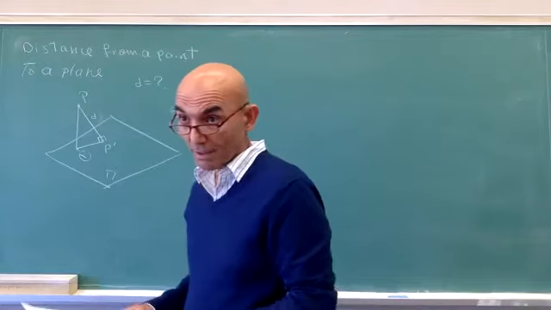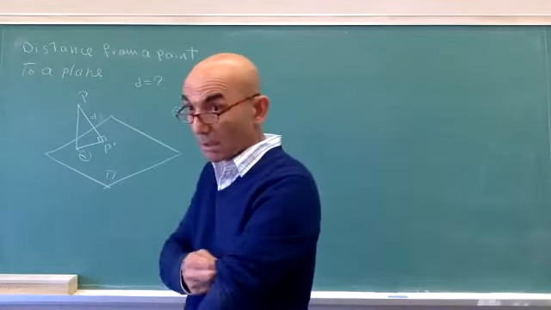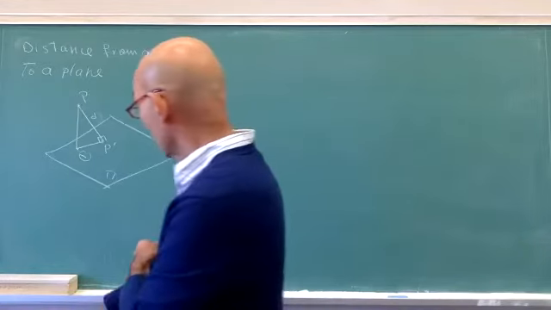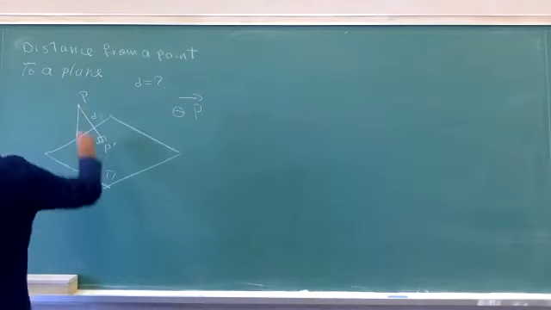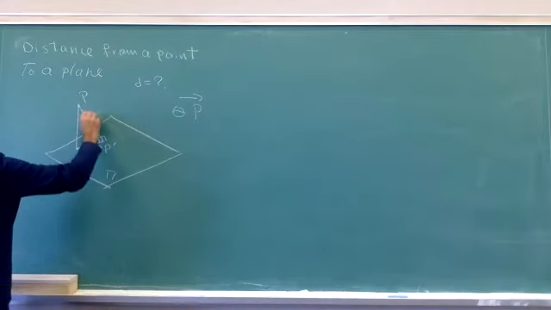Yes. Would you need to project QP onto the normal? Yes, exactly. We just project it onto the normal. So imagine you have chosen your, so this is like a normal line, right?